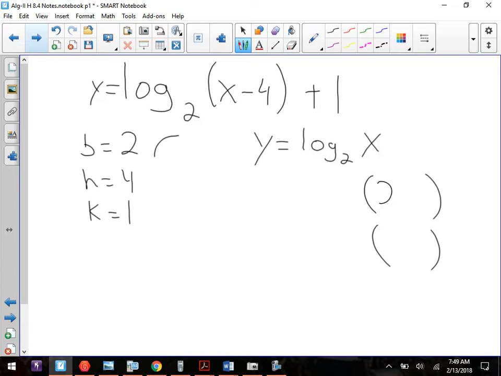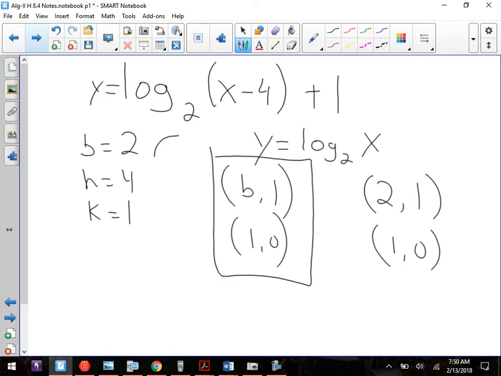What is the log base 2 of 2? 1. What is the log base 2 of 1? 0. Your ordered pairs for logarithms will always, always, always be, for your parent function, (b, 1) and (1, 0). These will always be your ordered pairs.